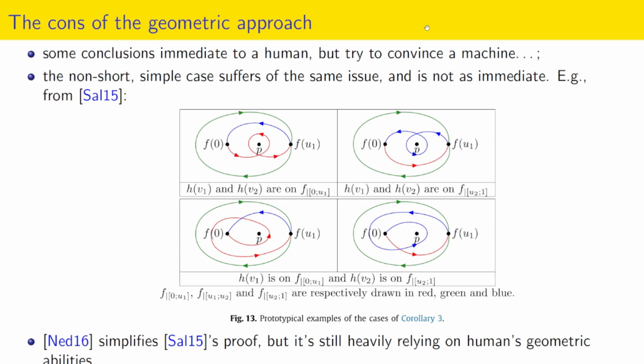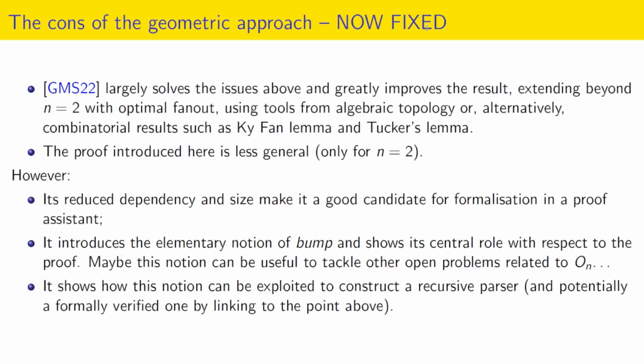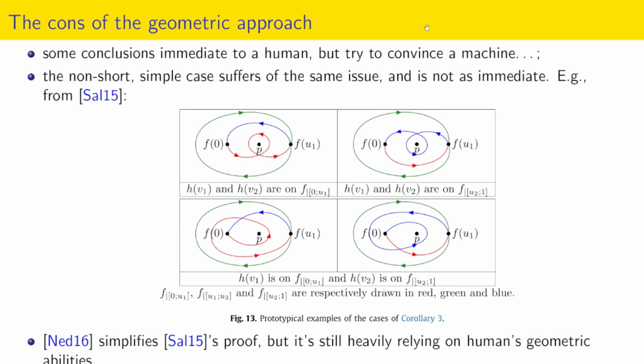Contrary to his approach, my approach was basically to cut away geometry entirely. The graphics, well, these are only for two symbols. Yeah, this is still the case O2. Okay. So this is an algebraic geometry proof, and it's quite complicated.